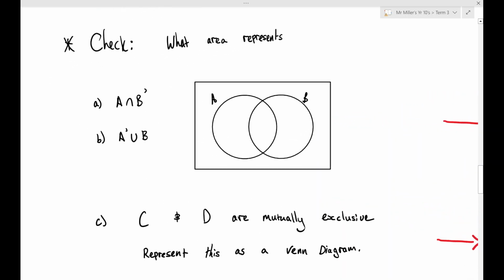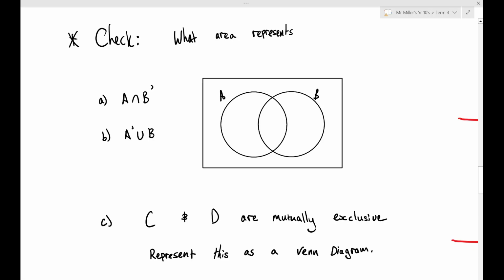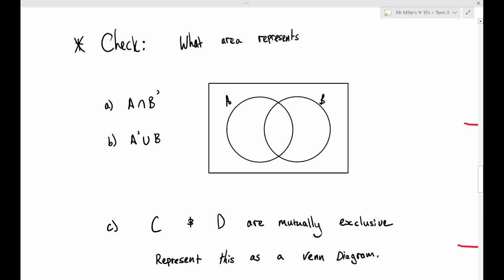And here's a quick little quiz for you. Again, pause here and really try to answer these questions. What area is A intersect not B, so A and not B? What would I have to shade here?